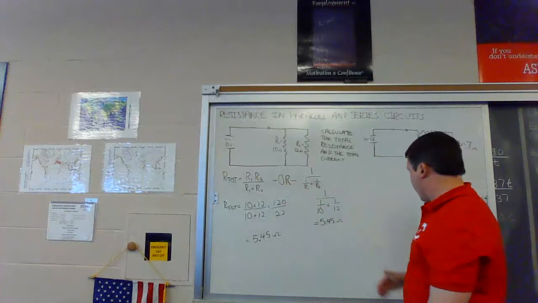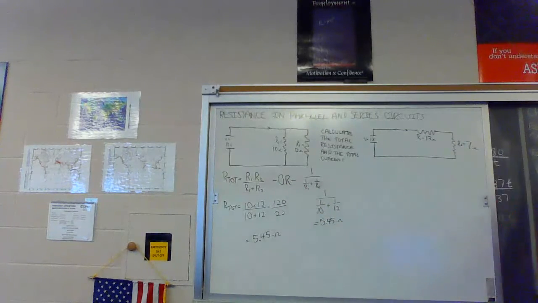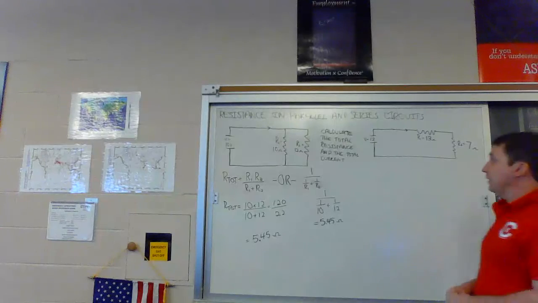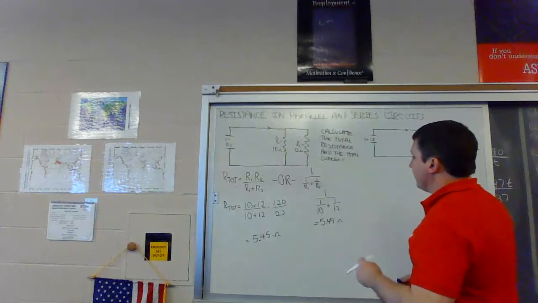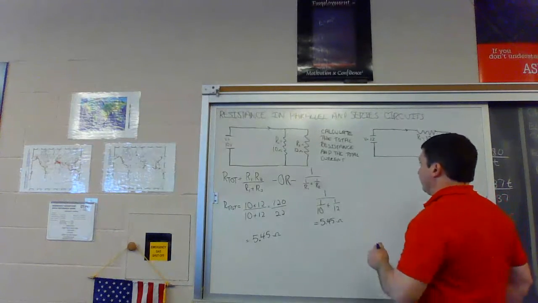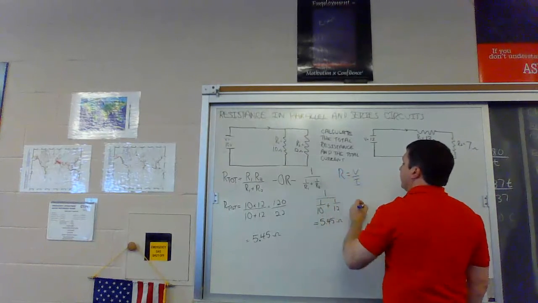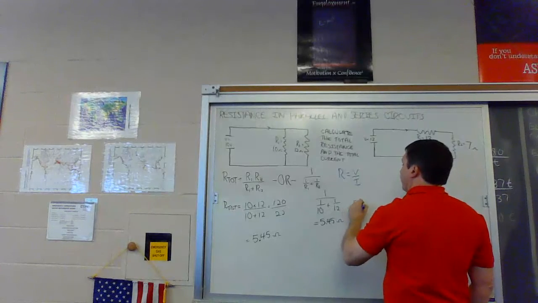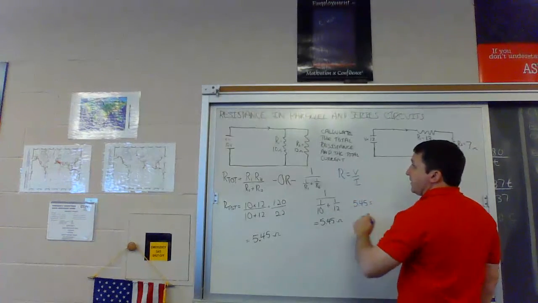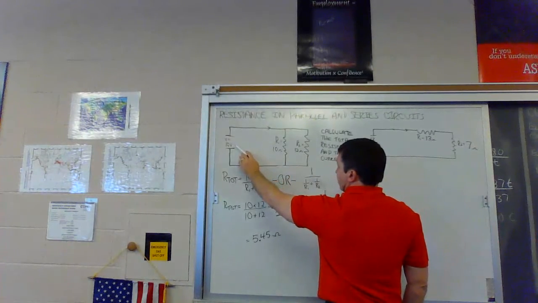Now, you're also asked to calculate the total current. Basically, you're going to use Ohm's law. Remember, Ohm's law is R equals V over I. So we say 5.45 equals the voltage over I. Notice the voltage is labeled here.